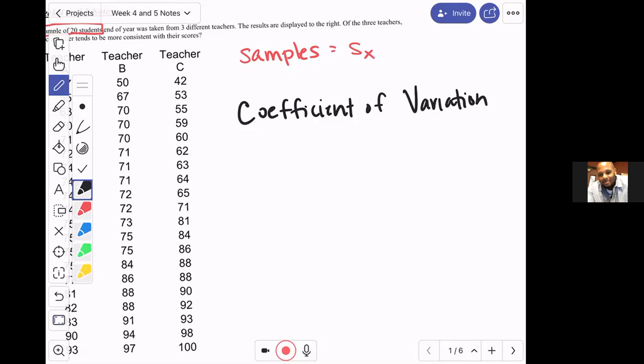What do I mean by relative variability? I want to know how much variability you have in your data relative to the mean. I'm going to use the standard deviation to do that.